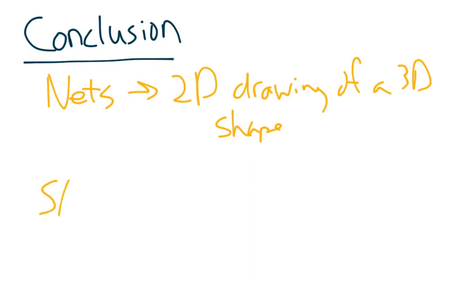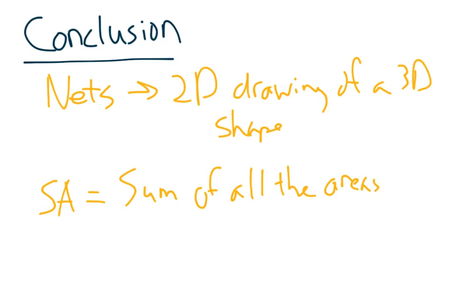Surface area is equal to the sum of all the areas of the shape. So we look at each side of the shape, we find all the areas, and we just add them all up, and that's it. So good luck with your homework or practice, and let me know if you have any questions.